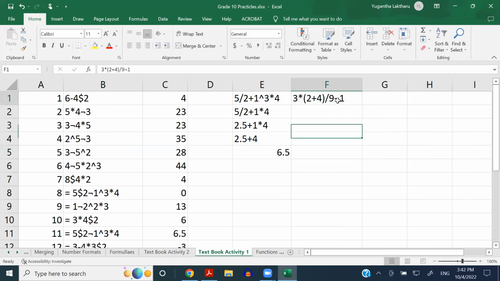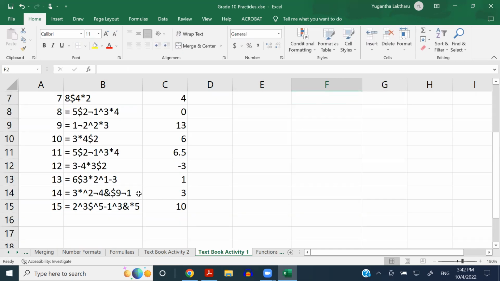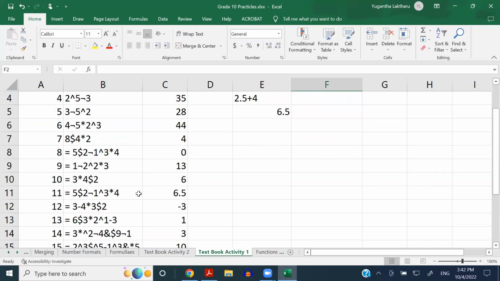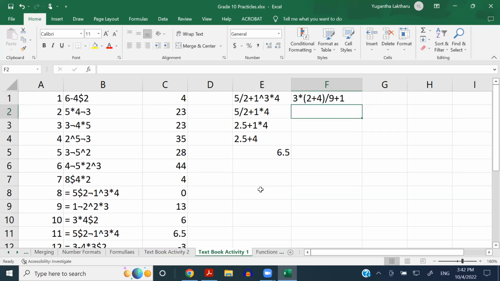Since we got the brackets over here, did I get it correctly? 9 plus 1, 2 minus 2 plus 4. Yes. Since we got brackets, we first deal with the brackets.